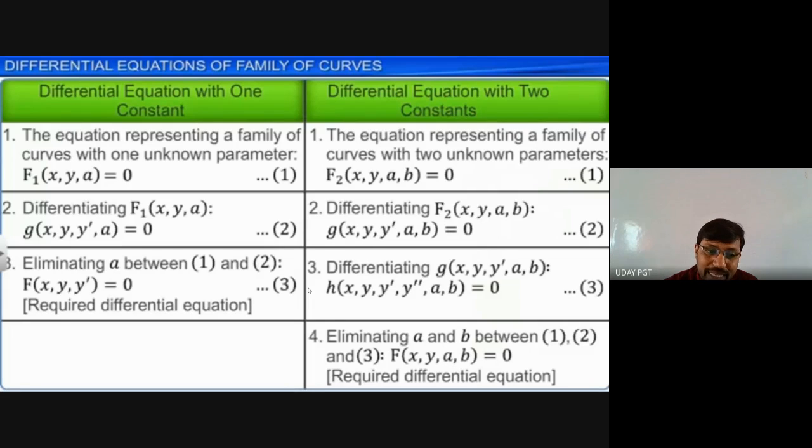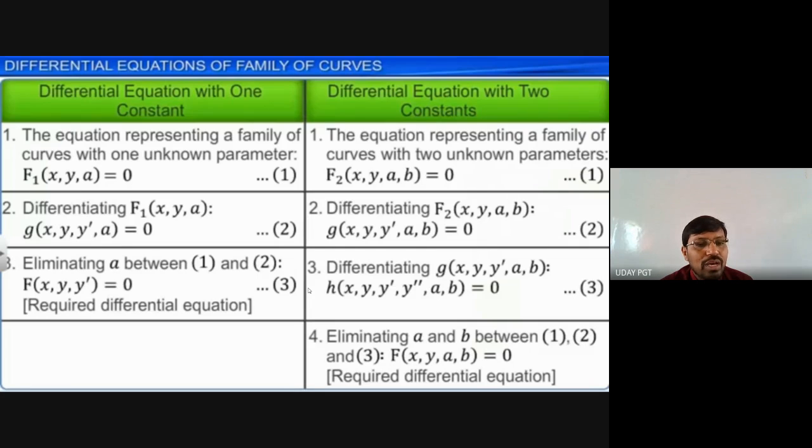So eliminating a, what you need to understand first, concentrate on the left hand side. The given equation is going to have x, y, and a, any constant. Now when you are differentiating, a will be there as it is, x, y, and differentiating with respect to x means y dash extra we are going to get, and a will be there.